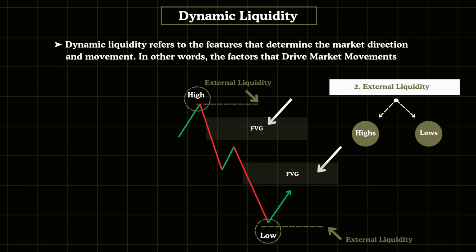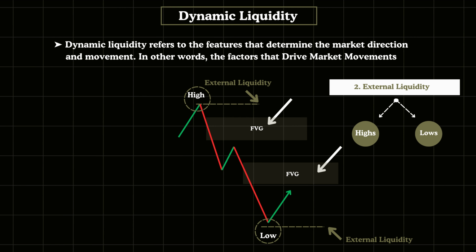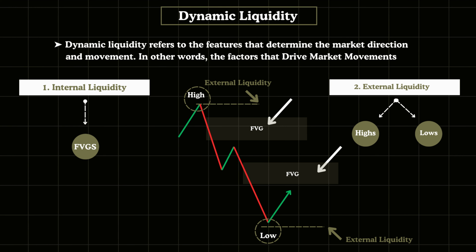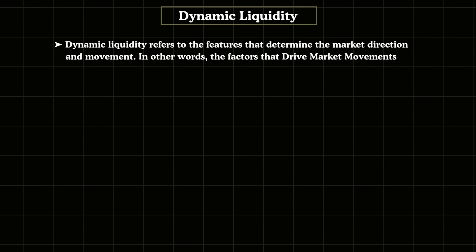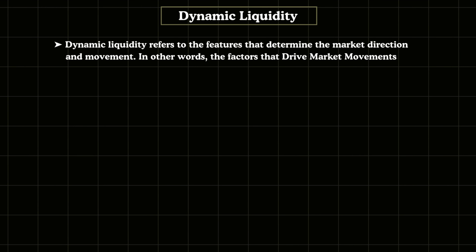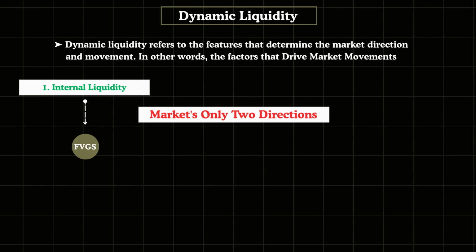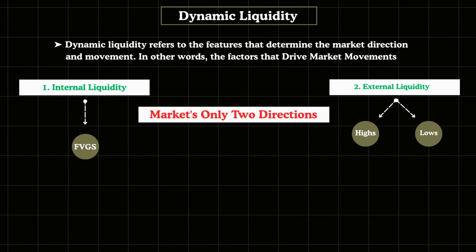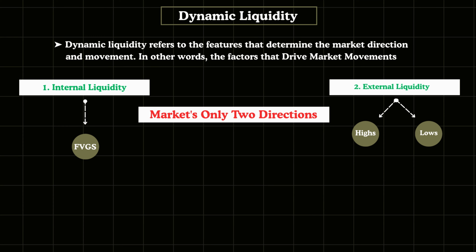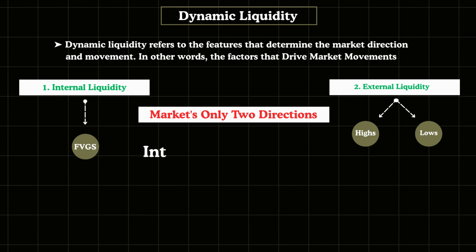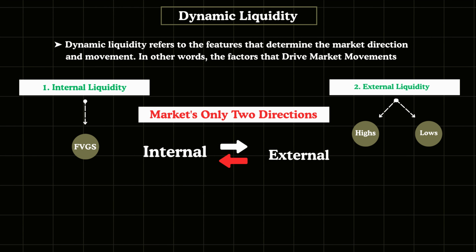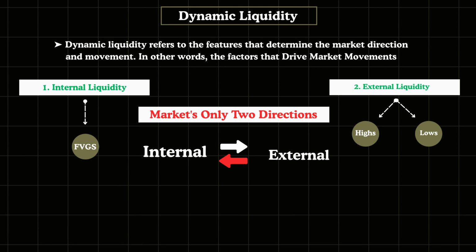Now, consider the fair value gaps that lie between those highs and lows. These are identified as internal liquidity. Price behavior in the market constantly navigates between these two types, internal and external liquidity. Think of it as a cycle in motion. Price is continuously transitioning either from internal to external liquidity, or from external back to internal liquidity.